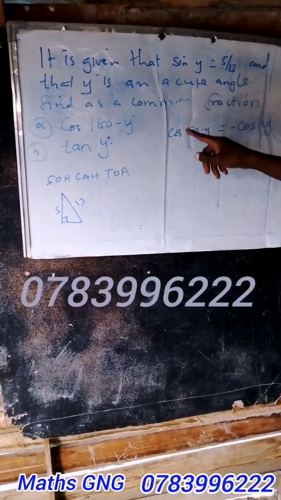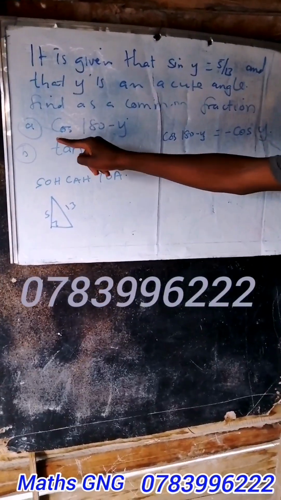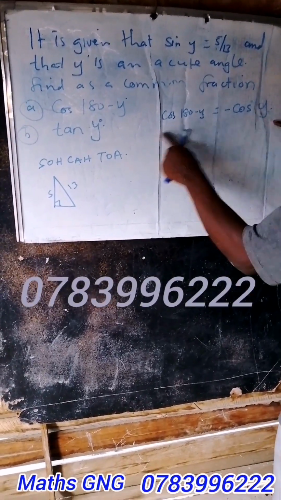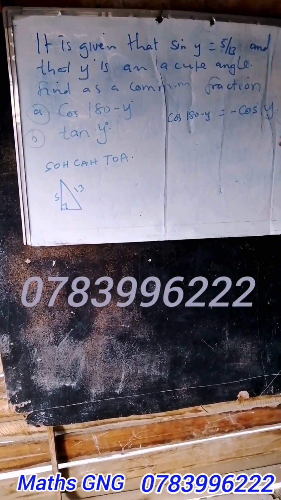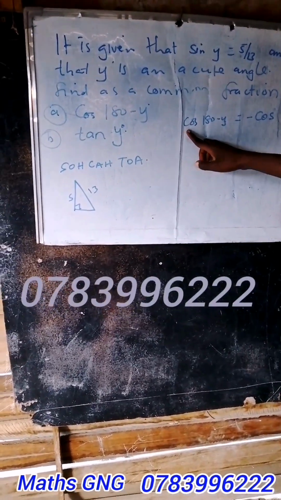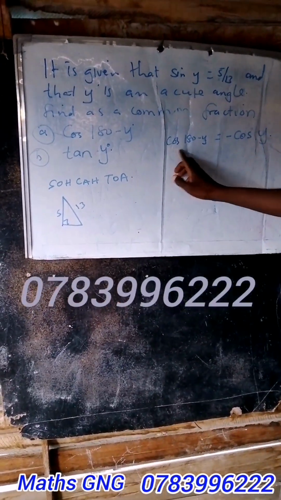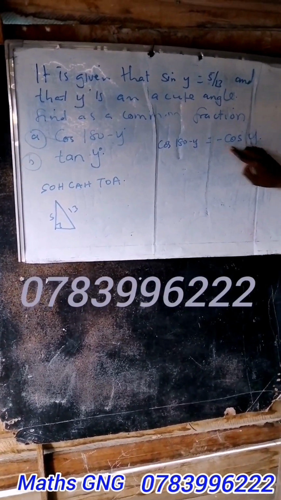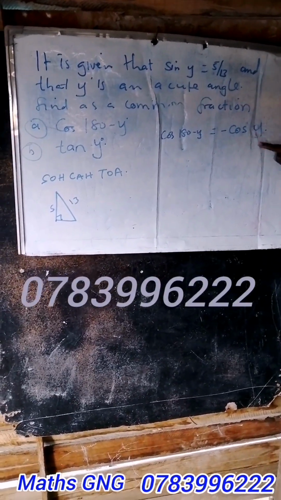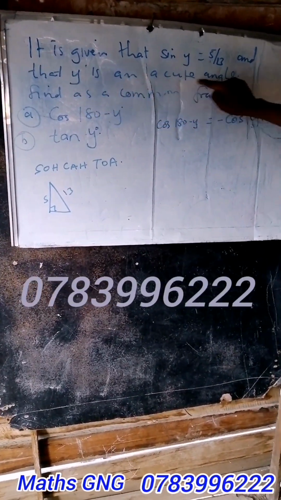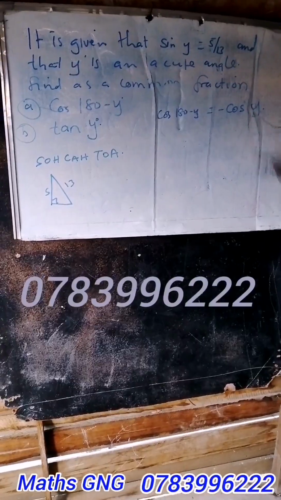We are asked to find cos of 180 minus y. They are lying on a straight line, so the cos of the obtuse angle, cos 180 minus y, is equal to the negative cos of y, because y is an acute angle.